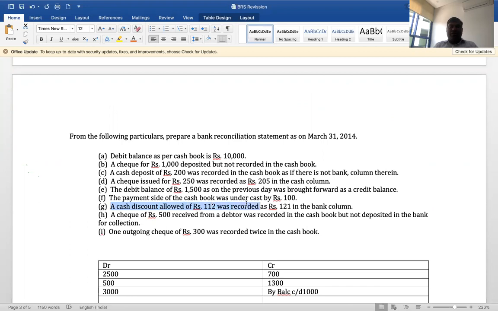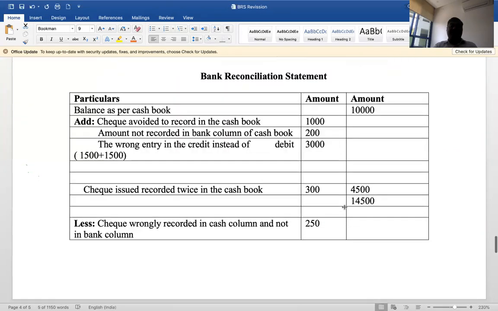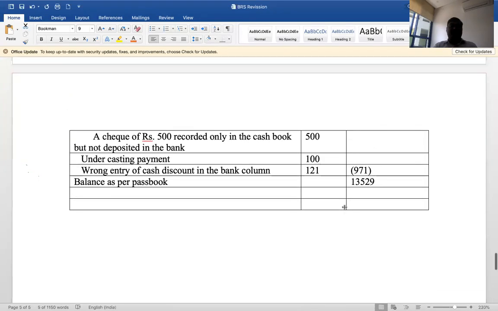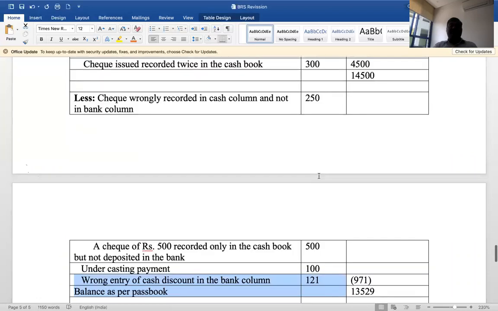What is allowed, what is received, we are not bothered. What we are bothered about is the amount recorded in the bank column. Why did he record it? Remove that. Deduct it. Wrong entry. Okay, next.